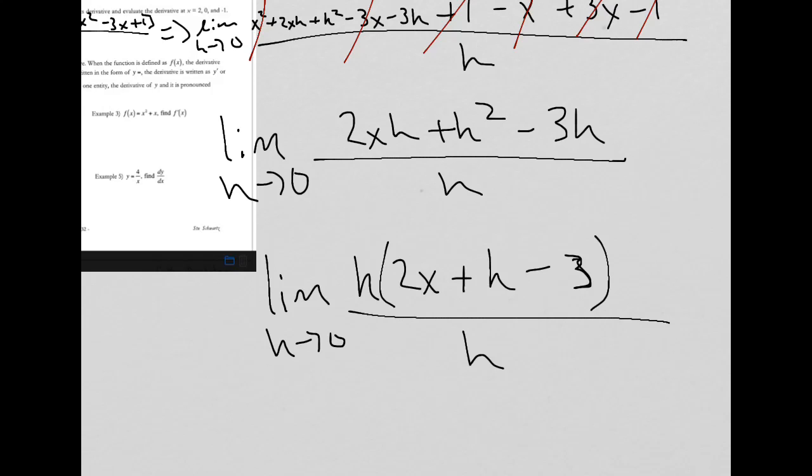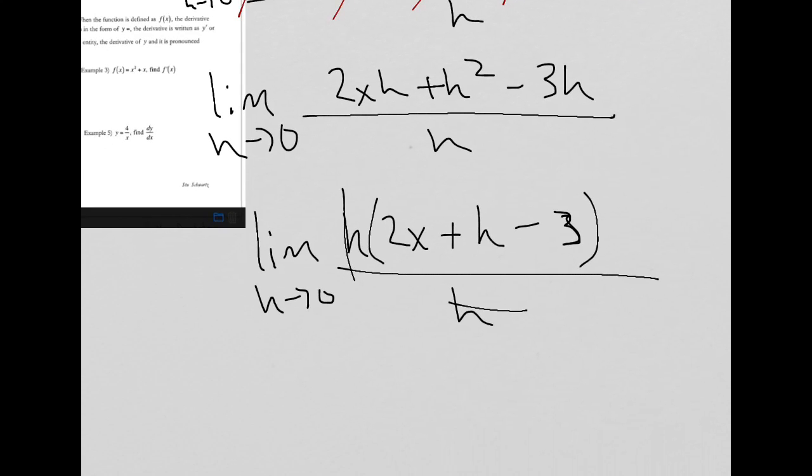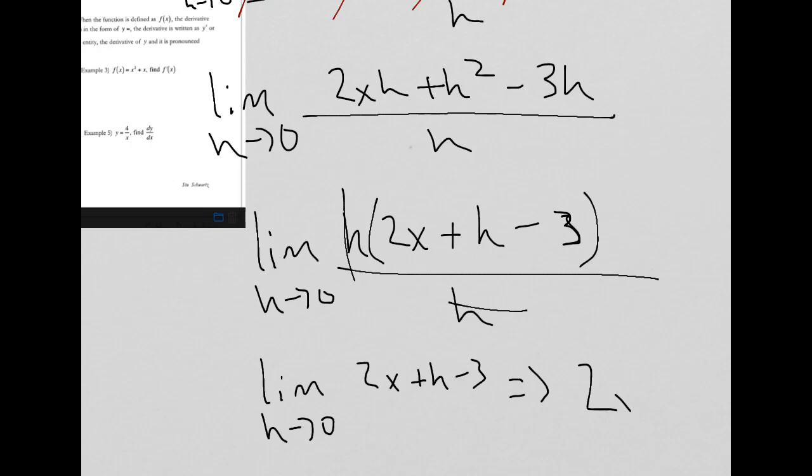Does anybody have any questions on what I did there? Okay, we can just cancel the h. So now our h's cancel, and we have the limit as h approaches 0 of 2x plus h minus 3. So now if we plug in 0, I've got 2x plus 0 minus 3, which is just 2x minus 3. So that's my limit.